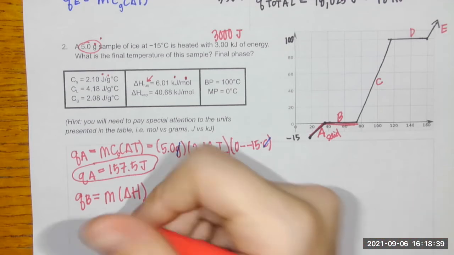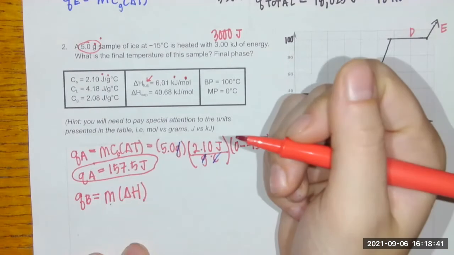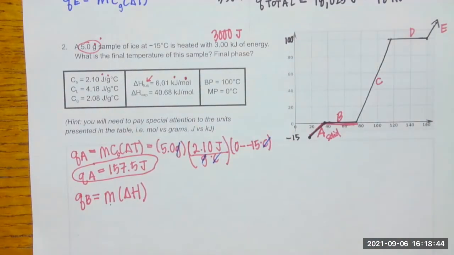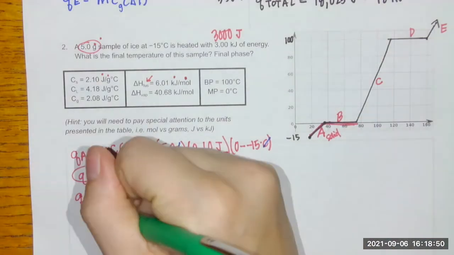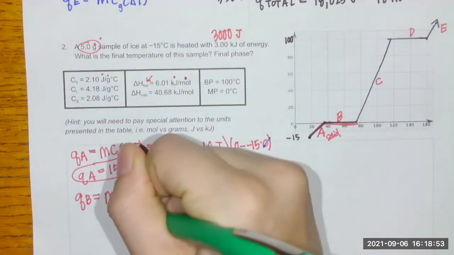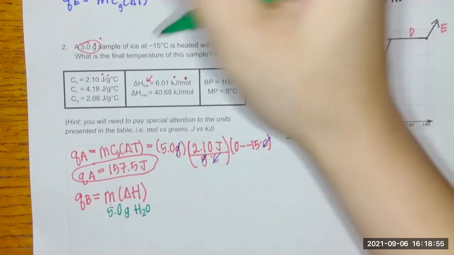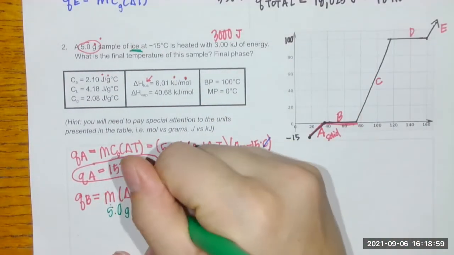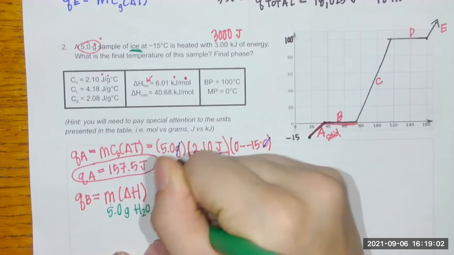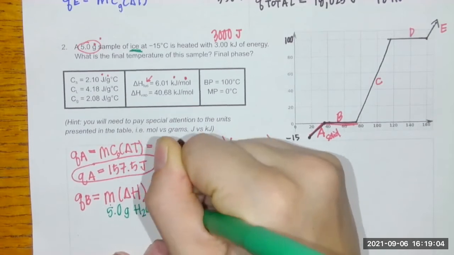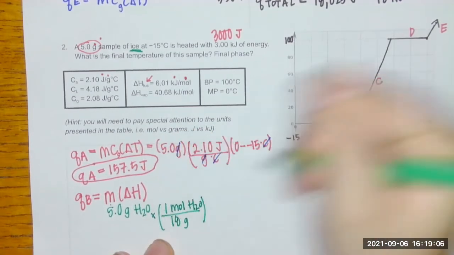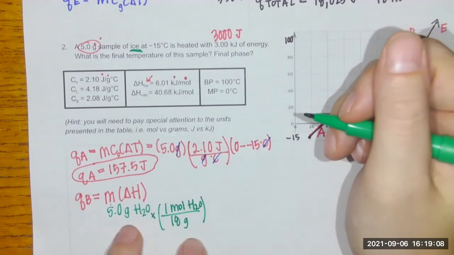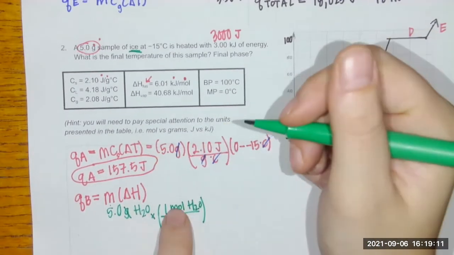I'm going to do this in a different color so it doesn't get mixed in. I have 5 grams of water, or technically ice, but still H2O. And water is 18 grams for 1 mole. So by doing this, I'm now into moles.